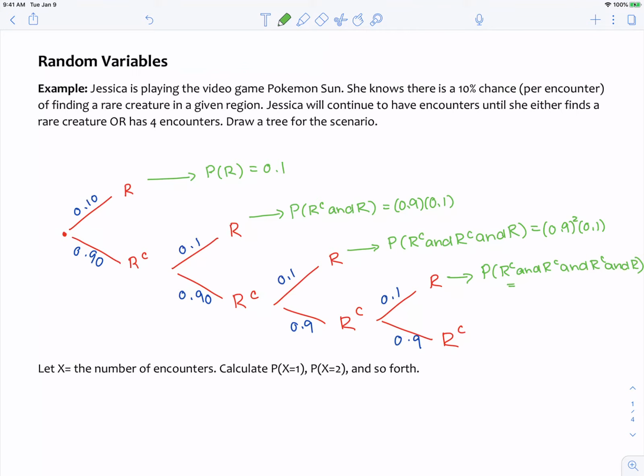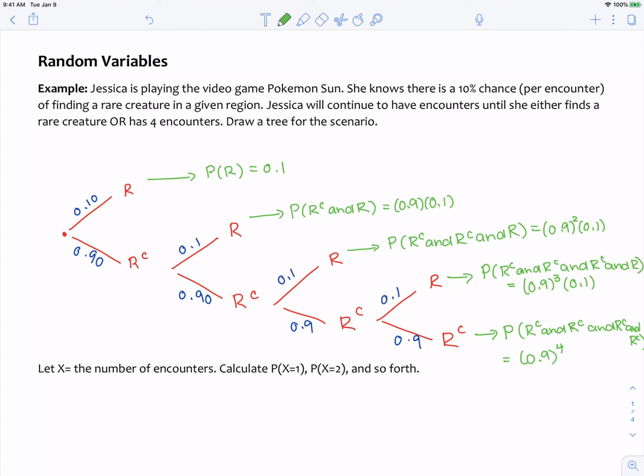And that is going to now have 3 not rare encounters. So I'll take that 0.9 to the 3rd. And then in the last case, I have a rare encounter. And then this final case, probability of all not rare. So not rare and not rare and not rare and one more not rare. It's hiding in there. And that's just going to be the 0.9 to the 4th.